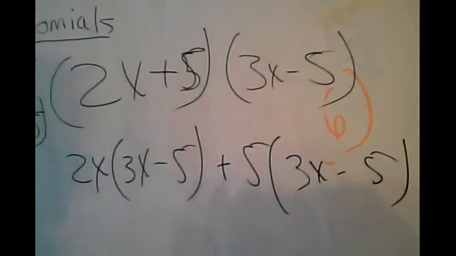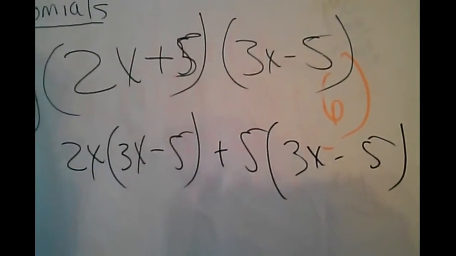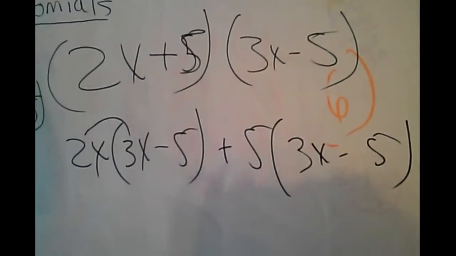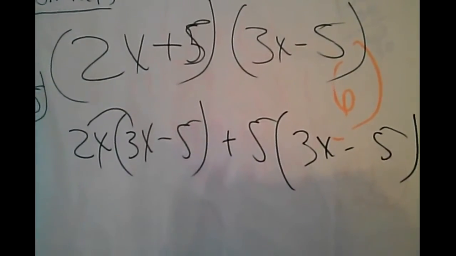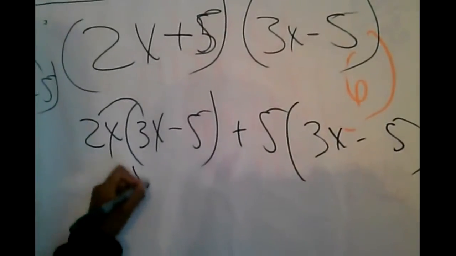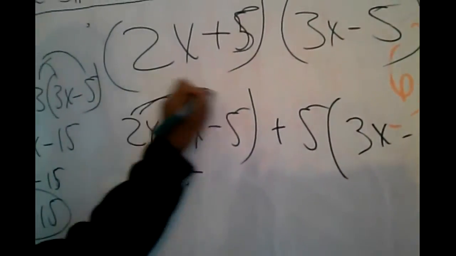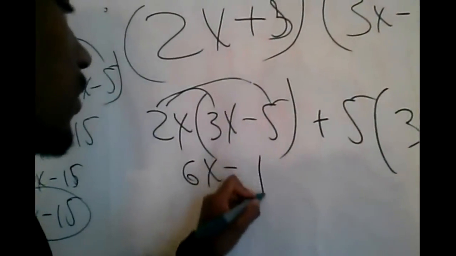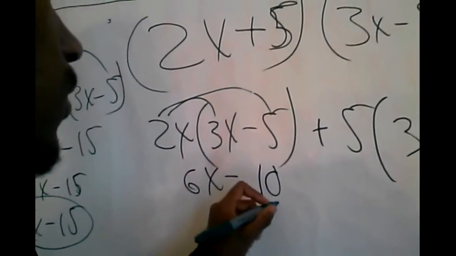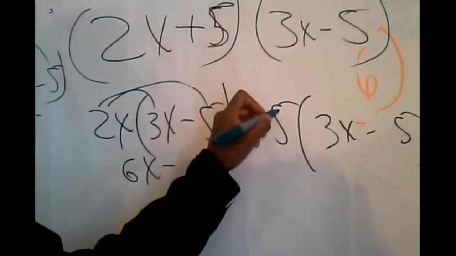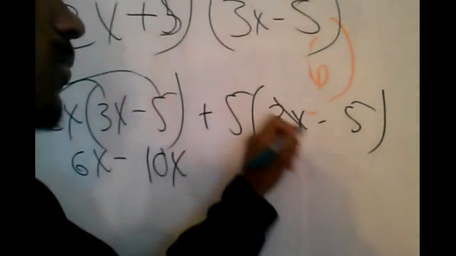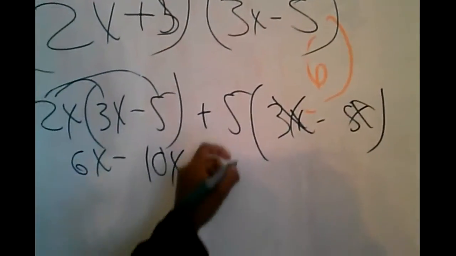Alright. 2 times 3 is 6x squared, minus 2 minus 3 times 5. And we got, I messed up one here.